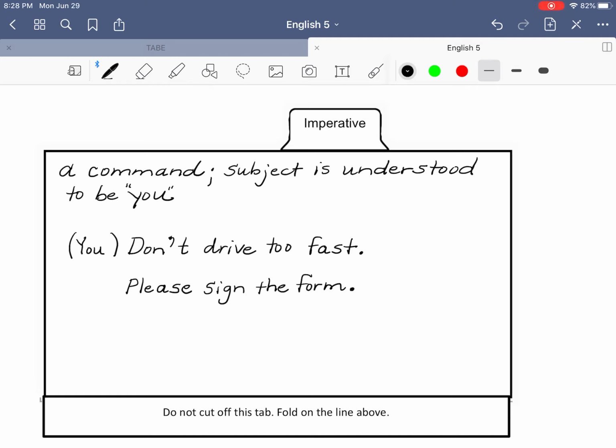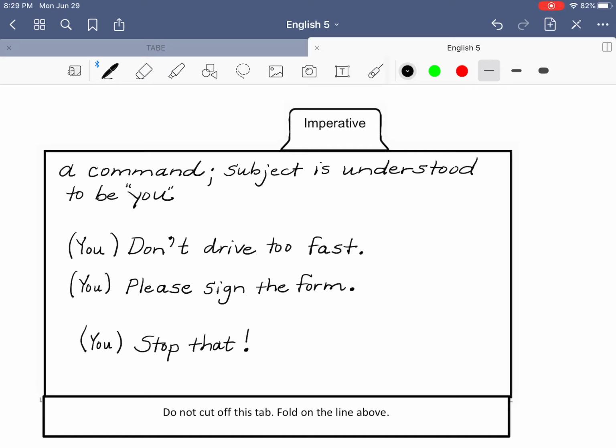Now, if these commands carry strong emotion, for example, if someone is pestering you, bothering you, and you say, stop that, and you're angry, that is strong emotion. The command will end with an exclamation point. But again, it is a command because the subject is understood to be you.